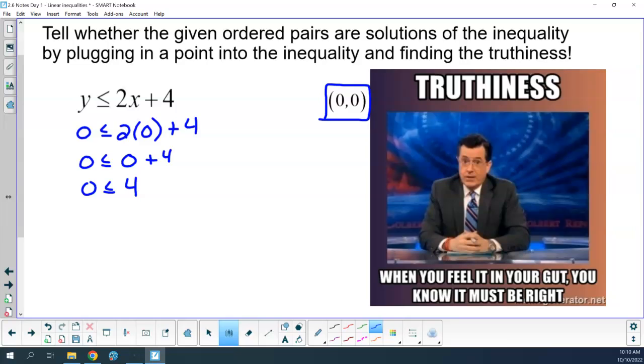Yes or no? Alligator or crocodile, remember, it's a bigger number. Is 4 the bigger number? Yeah. So that is true. So yes, 0, comma 0 is a solution.